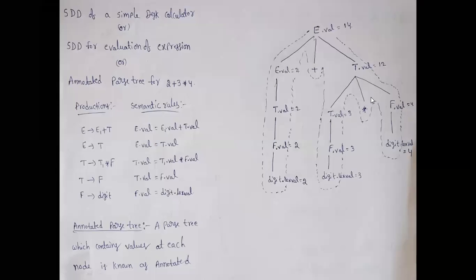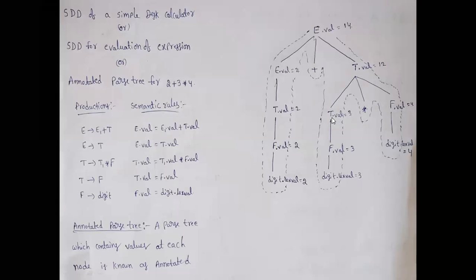Then in this one we are moving upwards. So here T * F. We are having the reduction here. So what is the production here? T → T1 * F. So in this part both this T and this T1 are equal.